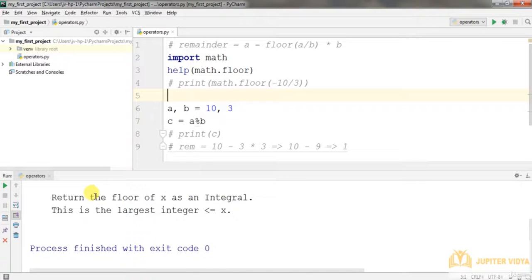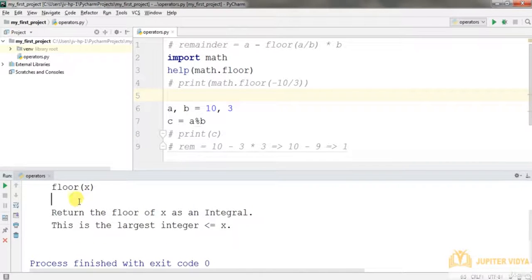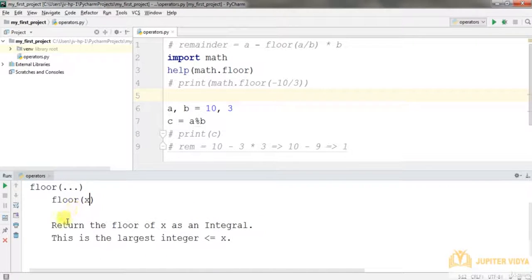Here you can see this function floor, which takes x, returns the floor of x as an integral. This is the largest integer less than or equal to x. So whatever the return value is, that should be less than or equal to x.